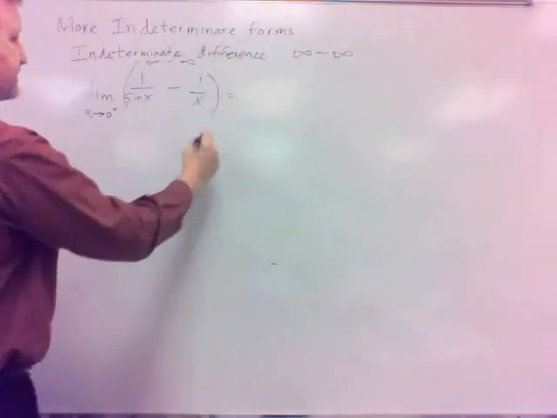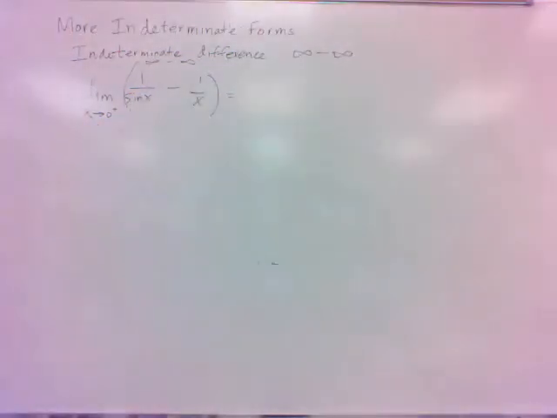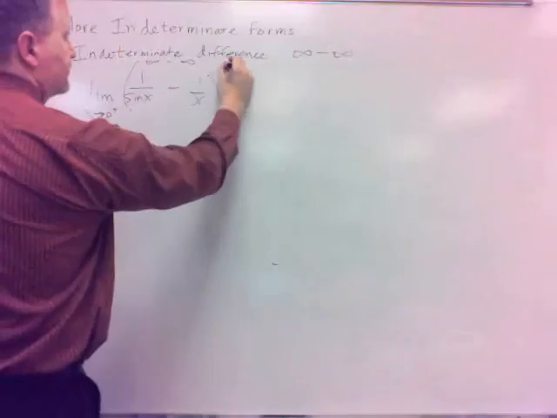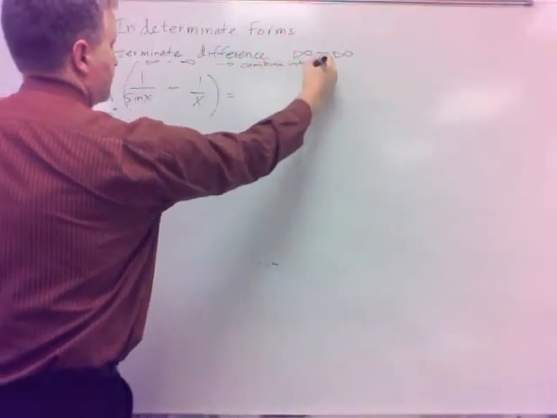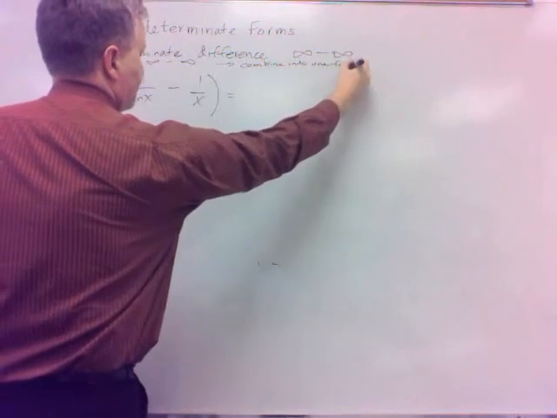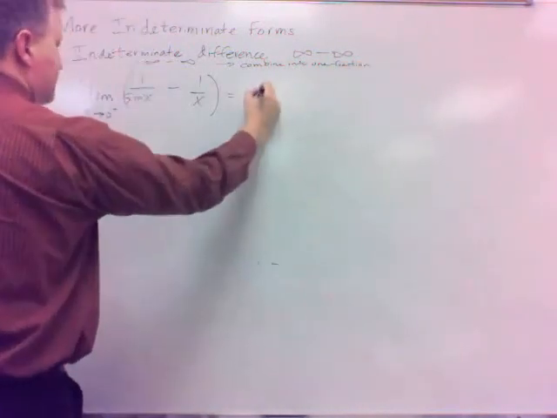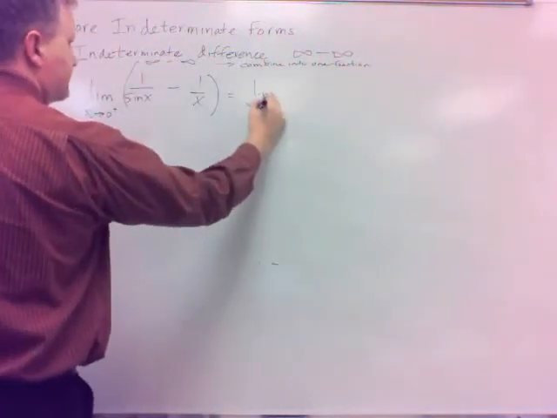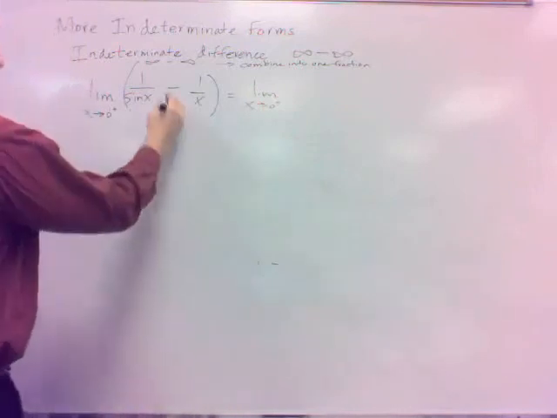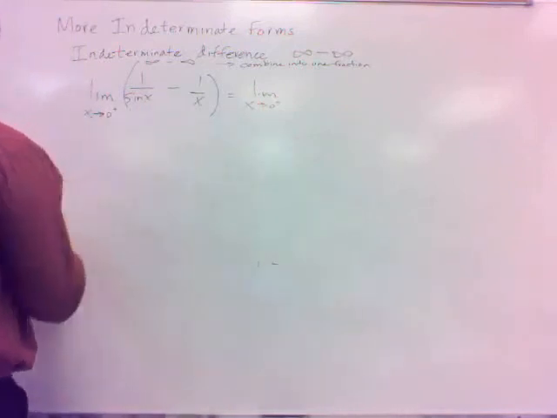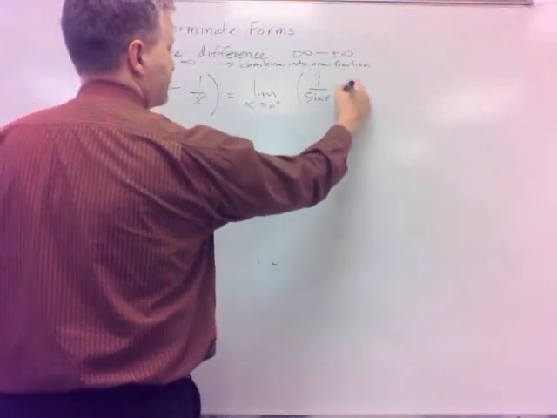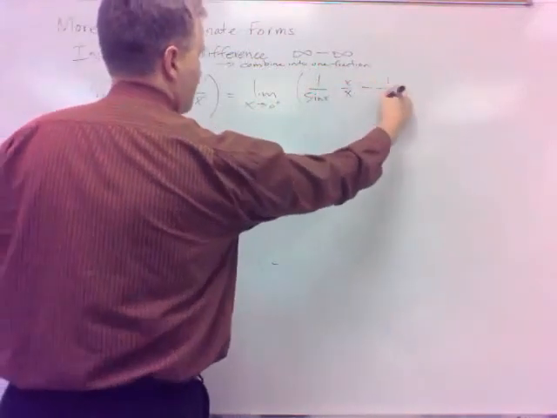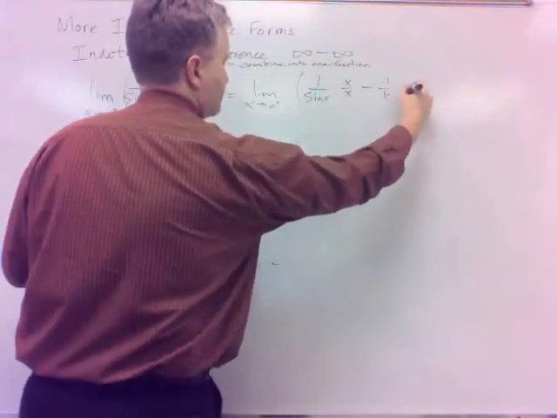The trick is, when you have infinity minus infinity, if you've got fractions, combine the fractions into 1 fraction. And so this will be the limit as x goes to 0 from the right. Multiply the first one by x over x, and then the second one by sine of x over sine of x.